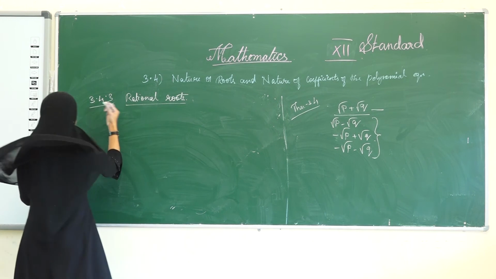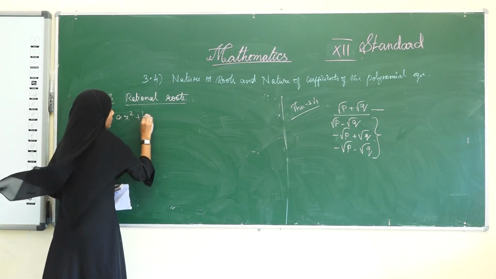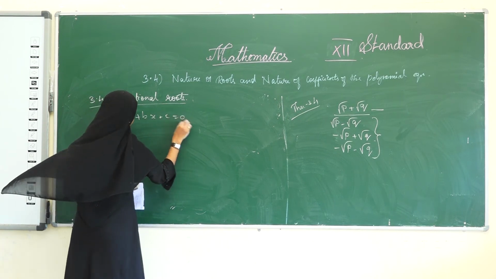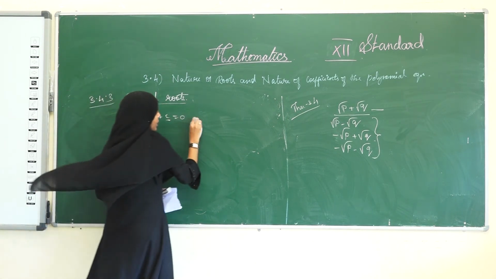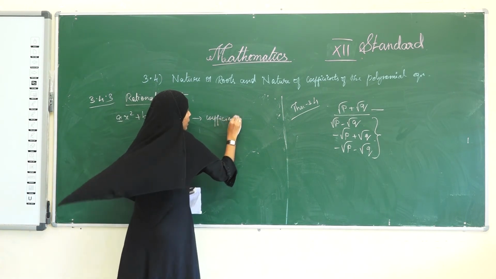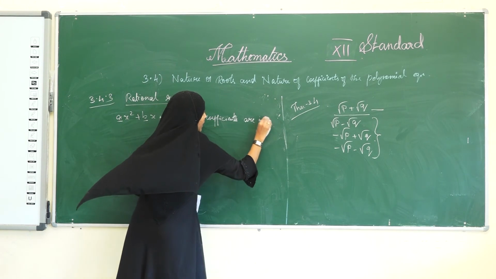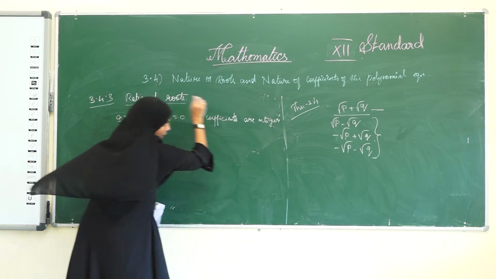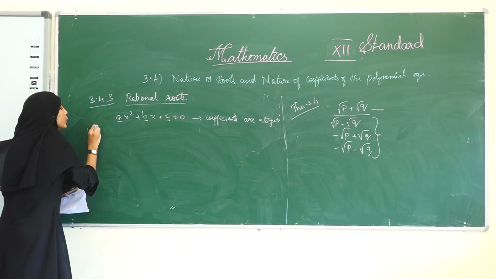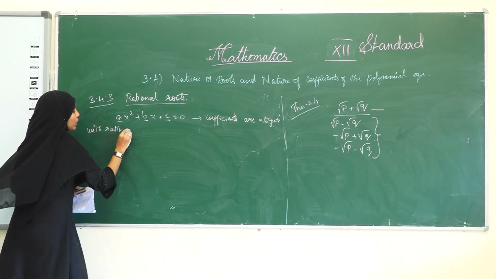To understand this simply: for a quadratic equation ax square plus bx plus c equal to 0, when these coefficients are integers, okay, we are taking an integer coefficient with roots as rational roots.